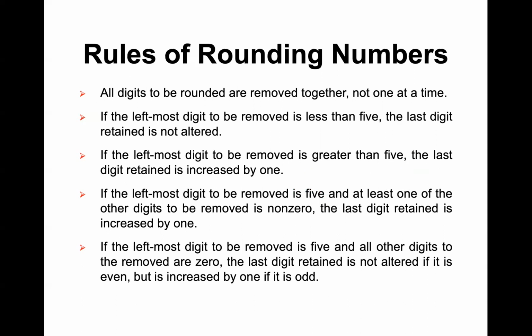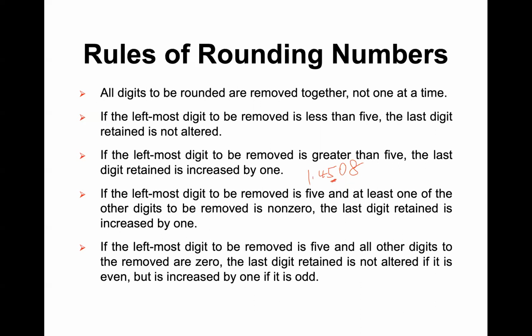If the leftmost digit to be removed is 5, and at least one of the other digits to be removed is non-zero. This applies, for example, to 1.45108. This one, the leftmost to be removed, is a 5.